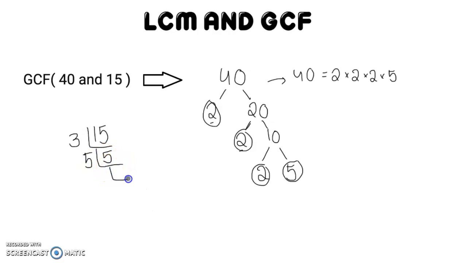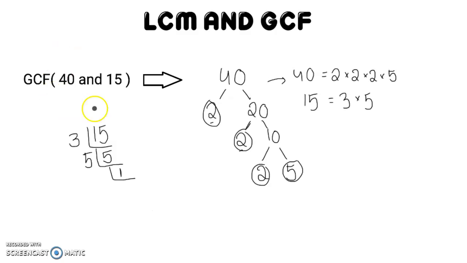So, 5 divided by 5 is equal to 1. So, the prime factorization of 15 is equal to 3 times 5.